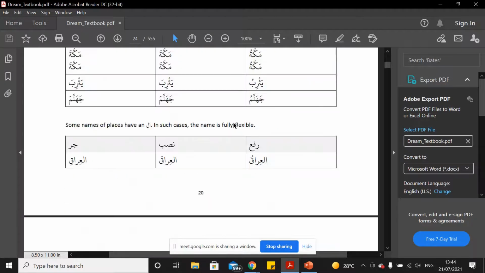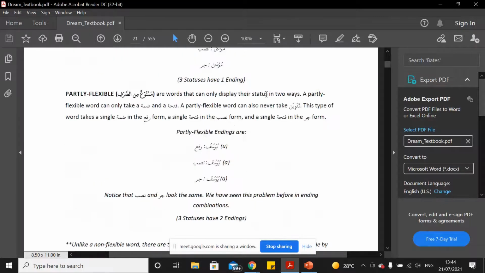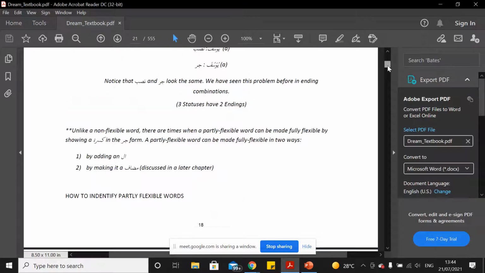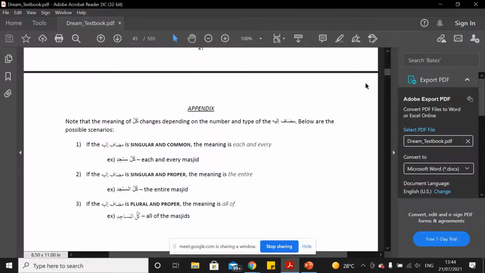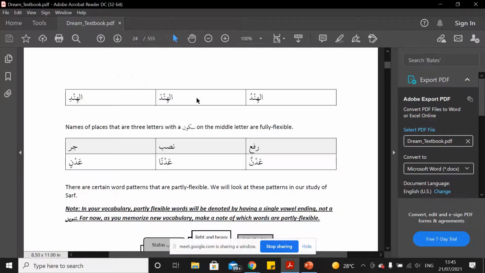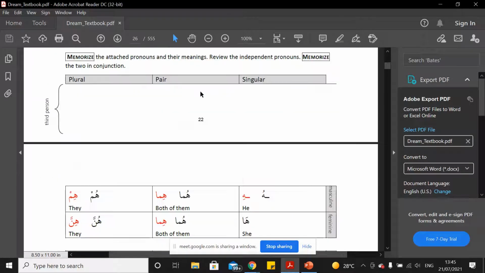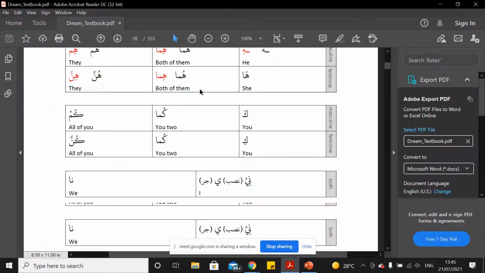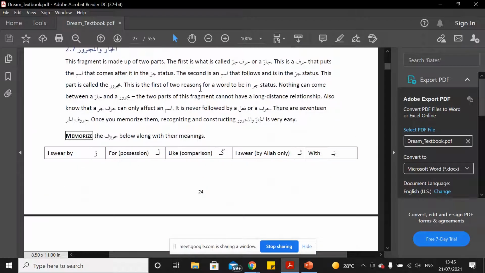It's not page 24 here. It's 2.7 jar wal majroor, right at the end of page 24. Okay. It's giving me pronouns here. I was just wondering if it's page number 24, right? Sorry, I can see it now.